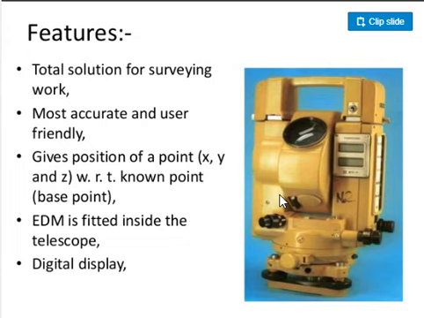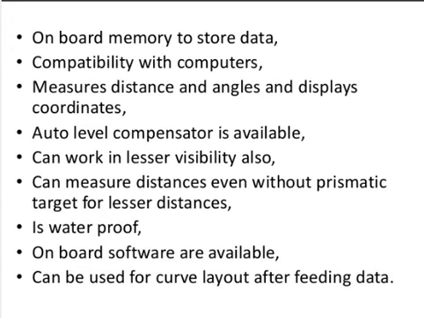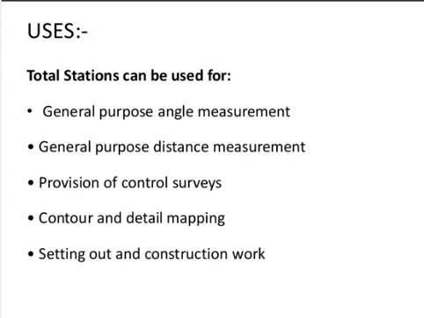You can do so many things from there. You have a digital display, you have a keyboard, it stores the data. It can be plugged into the computer, and with the help of the software you can plot the contours.